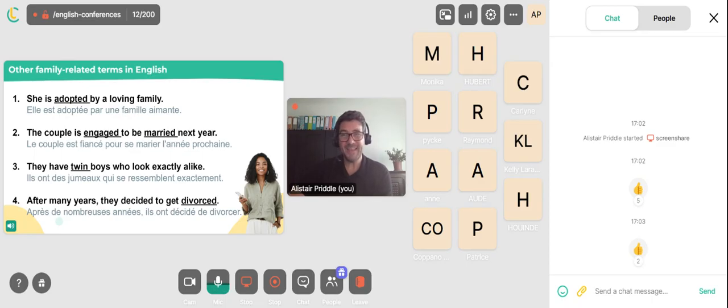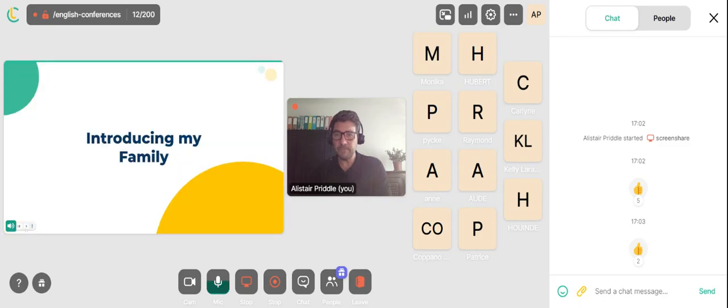Number three, they have twin boys who look exactly alike. And number four, after many years, they decided to get divorced. Okay, so there we have a few more sentences using our family-related terms.